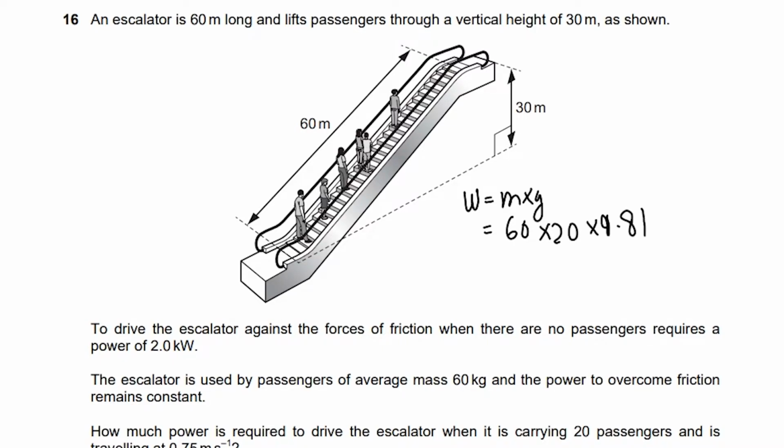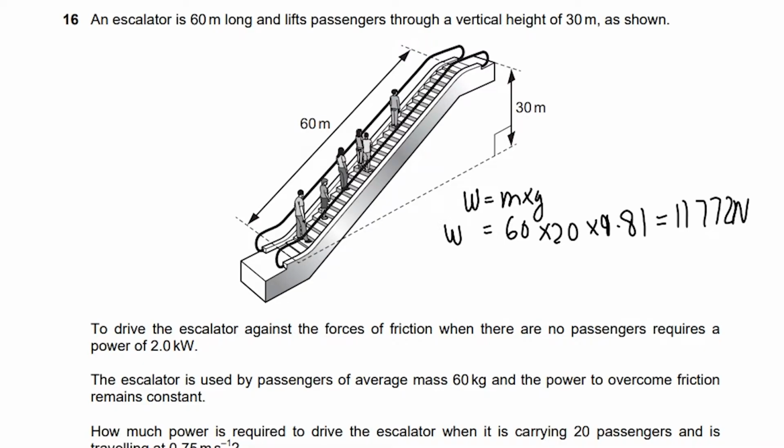Okay, so this is the weight, and 60 multiplied by 20 multiplied by 9.81 is 11772 Newton. Now this weight is a force. 11772 Newton is a force.